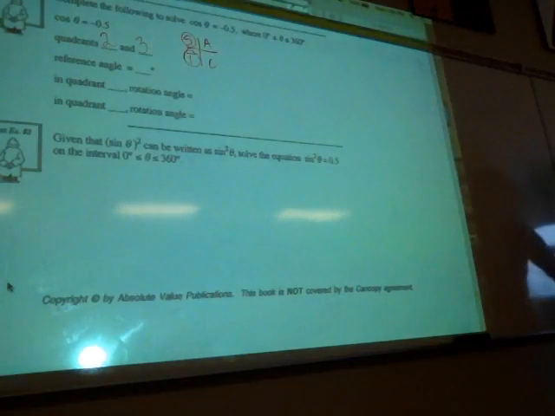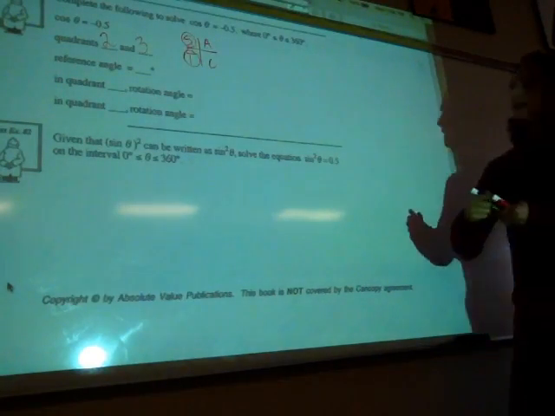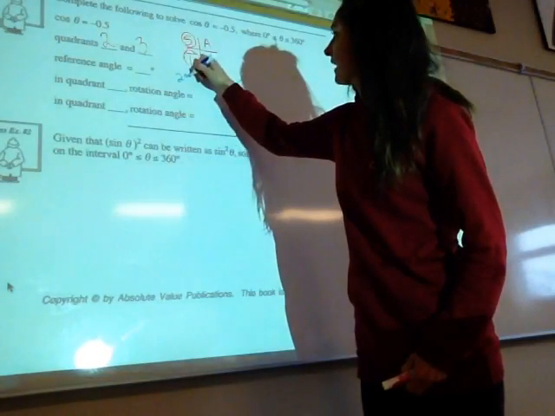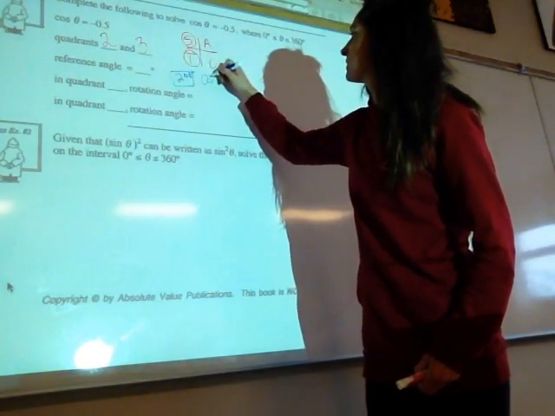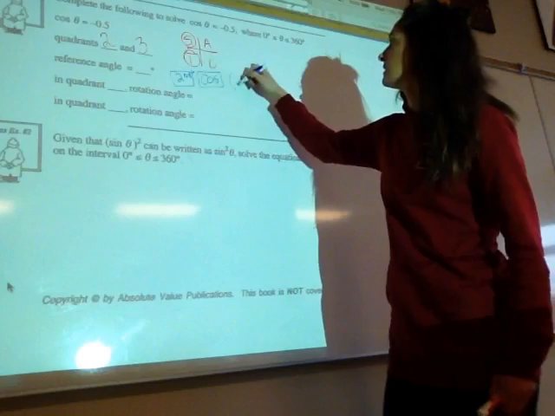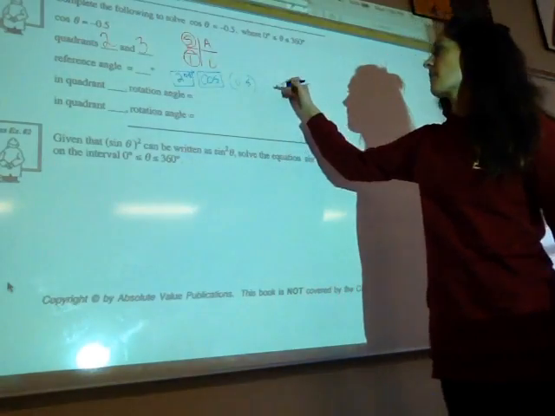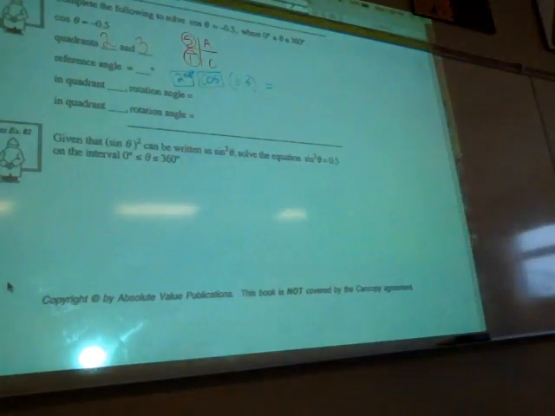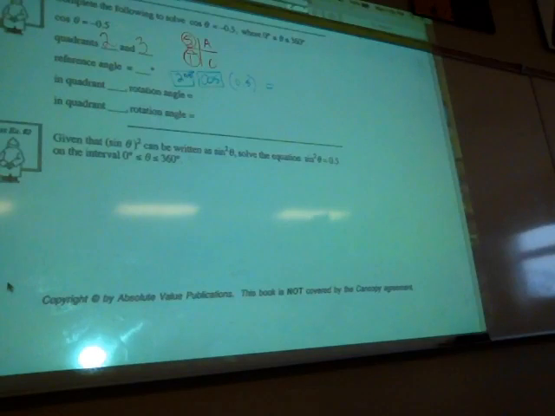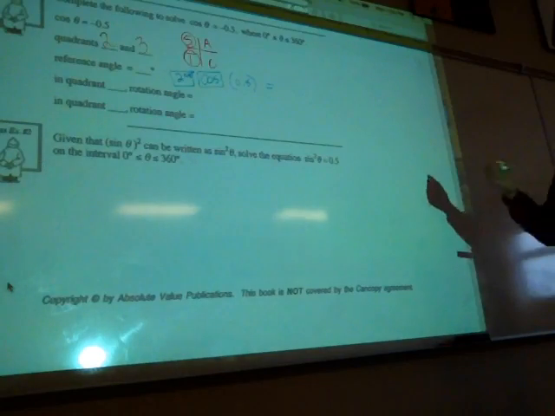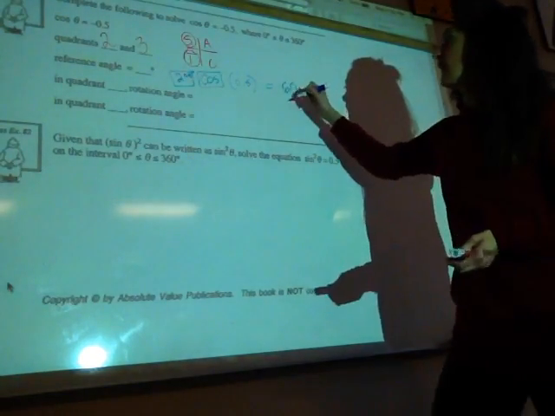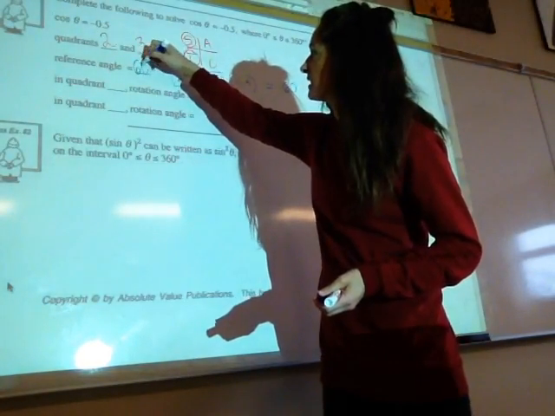The reference angle, what you're going to put in your calculator, is the second function, and then cosine 0.5. So when we calculate that, what do you get? 60 degrees? Okay, so our reference angle is 60 degrees.